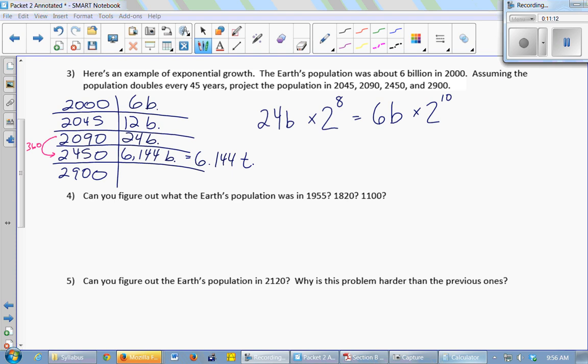Okay, so Jasmine said, how many years have passed from 2000 to 2450? 450 years, which is 10 sets of 45. So if you start with 6 billion, you would double 10 times. That makes sense? Because the first 2 times gets you to the 24 where you started. Okay, so you can do it either way.